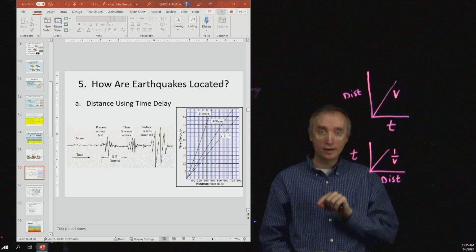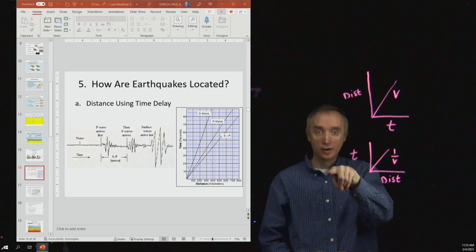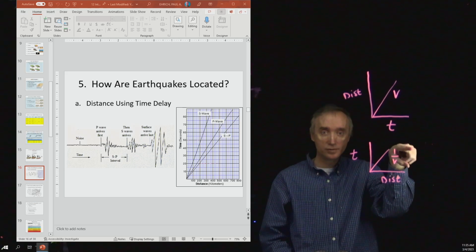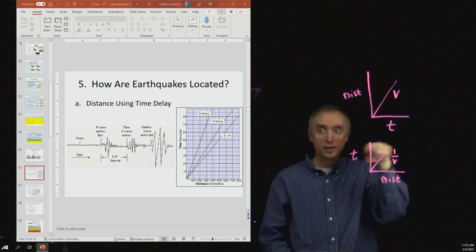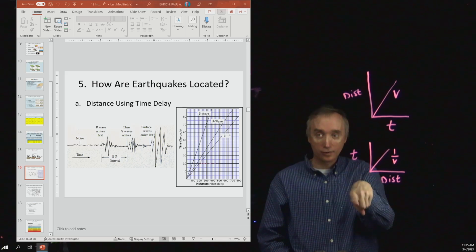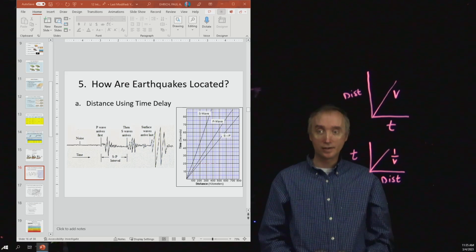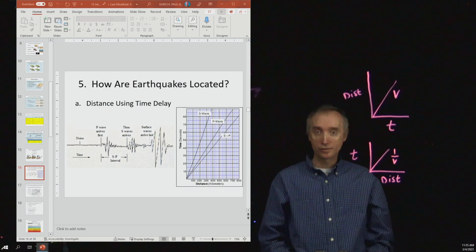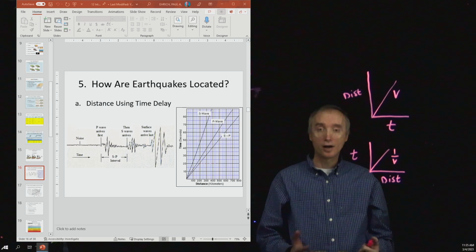So on that graph, we find 60 seconds on the up and down part. Now you go sideways until you get to the S minus P line, and then go down, and you will notice that it says 600 kilometers. So now we know how far away an earthquake has occurred by using the arrival times of these different kinds of waves.